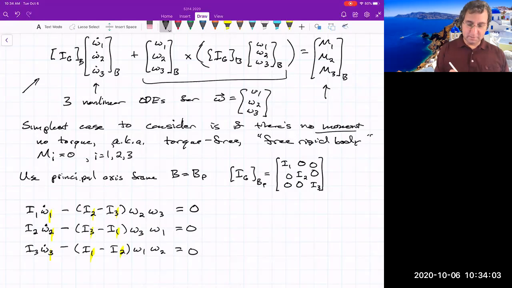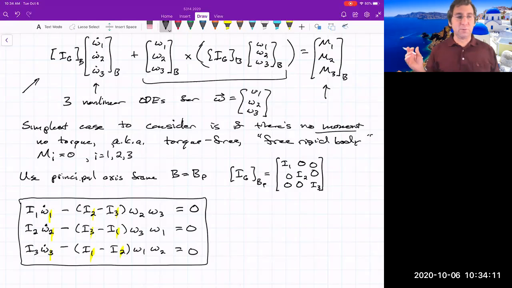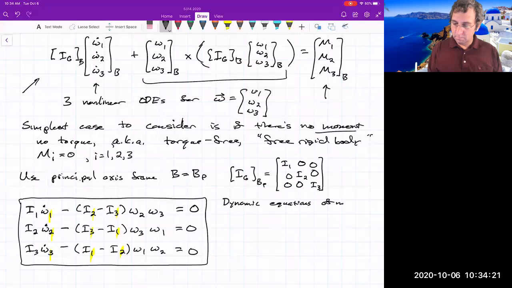So these are the dynamic equations of motion for the free rigid body written in terms of a principal axis frame.